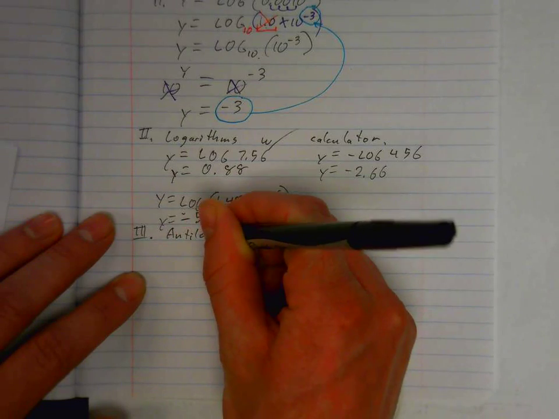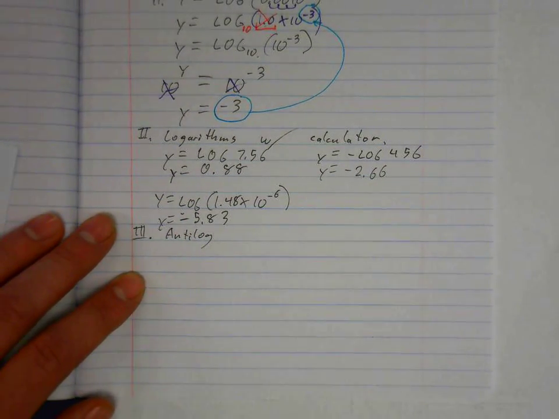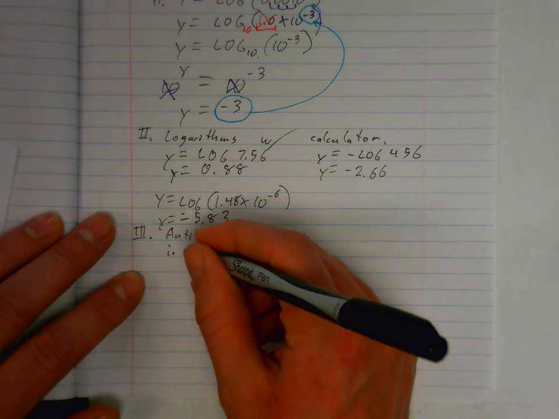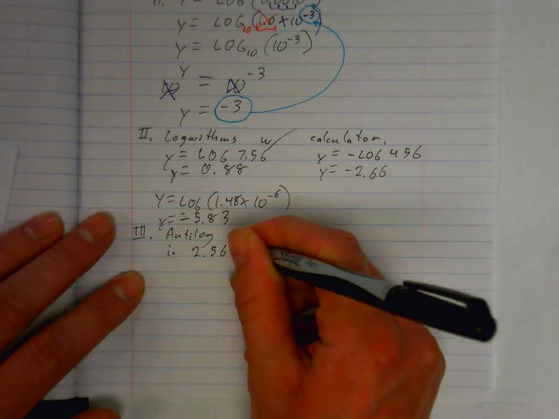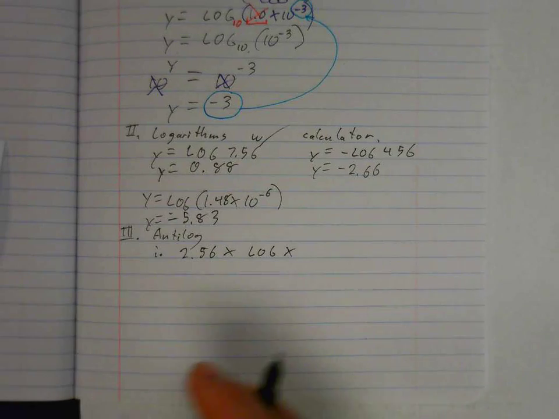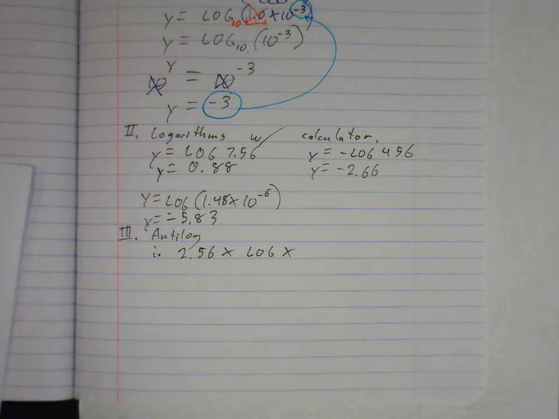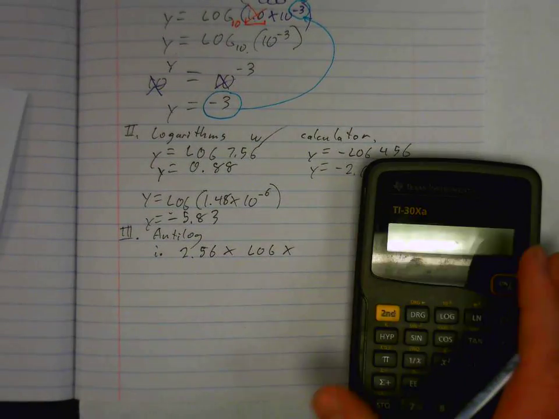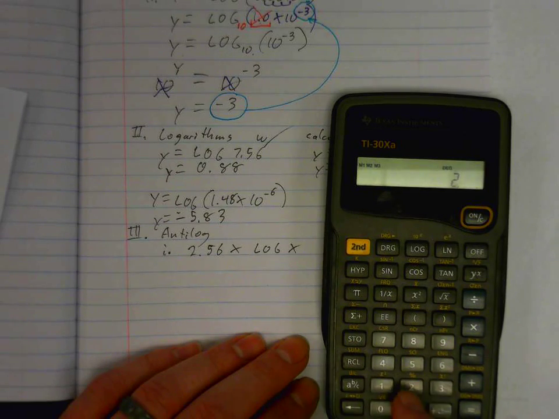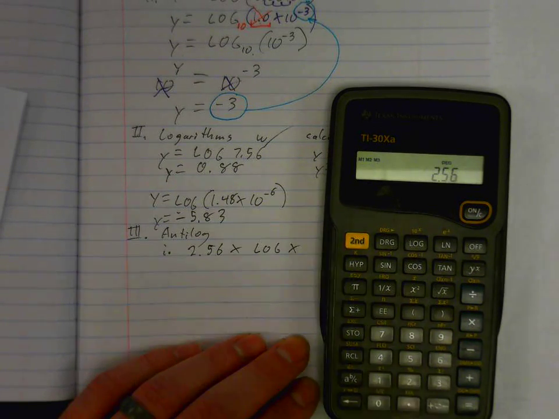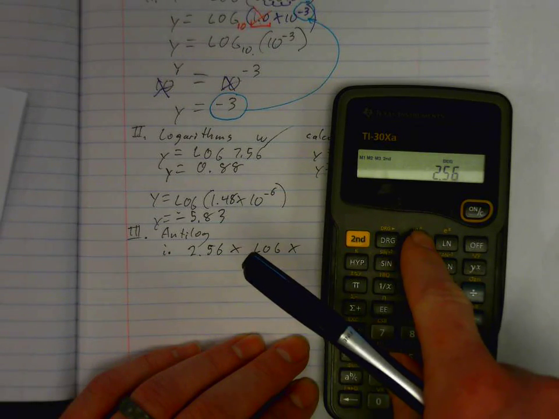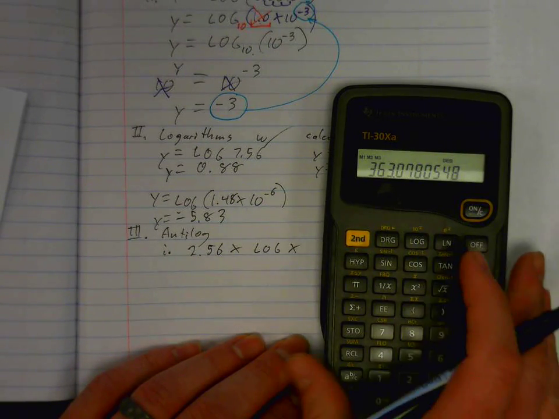So if we have 2.56 equals log of x, and we want to know what x is, we can use the anti-log key. 2.56, second 10 to the x, and that solves the problem. There should be an equal sign.